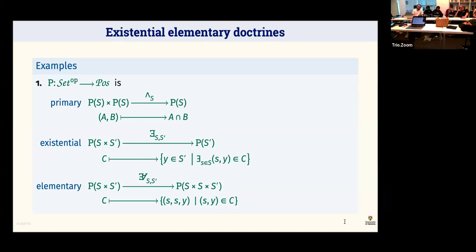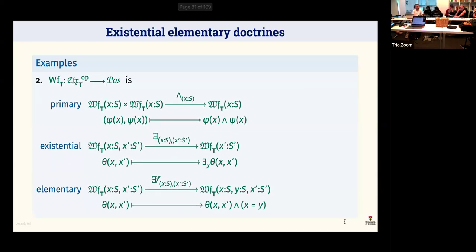And it's elementary: this goes from the same poset into a totally different poset, and given a subset of the product of X and S prime, it takes a subset of a product of three factors, which consists of the diagonal for the first two elements, and then in the third component, the other element which wasn't seen for S. And it works. Possibly I'm going to be able to convince you why it works. You check and it works.